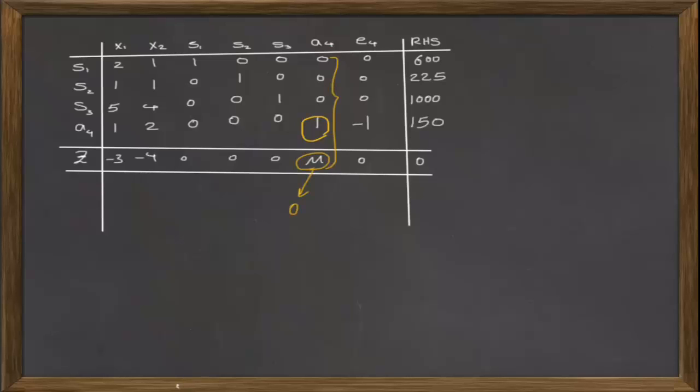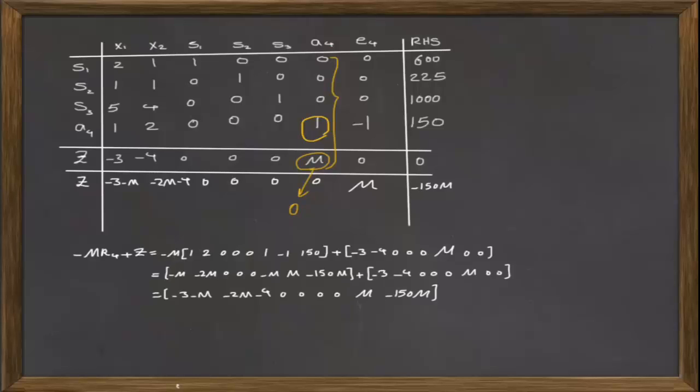To be able to do this, we have to again use the elementary row operation. The elementary row operation that we introduce in this step is negative M multiplied by the fourth row of the table plus the row of Z. Why do I choose the fourth row of this table? Because if I multiply this row by negative M and then add it to the row of Z, I'm able to generate that 0.